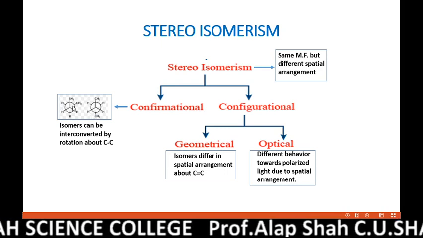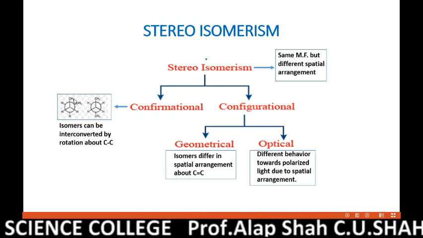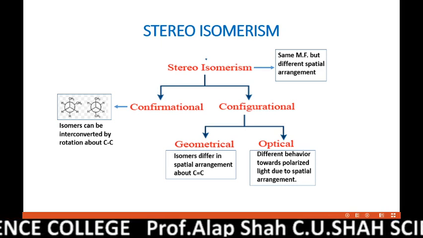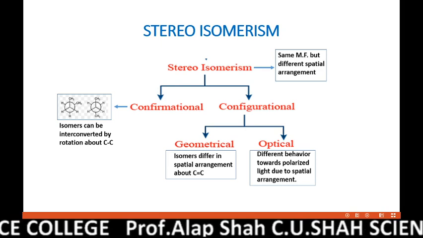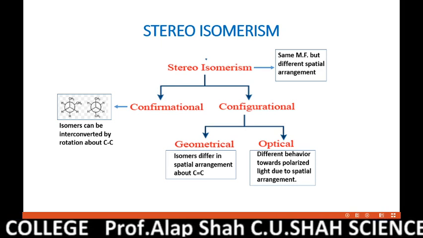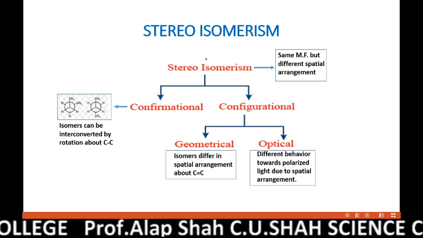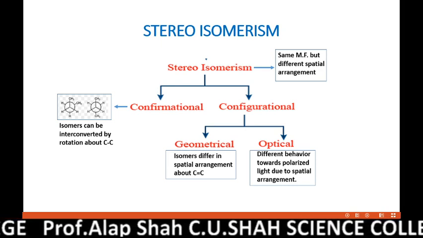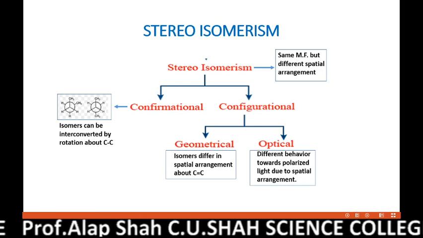In the structure of butane, carbons are 4, but there are 3 carbon-carbon single bonds: between carbon 1 and 2, between carbon 2 and 3, and between 3 and 4.